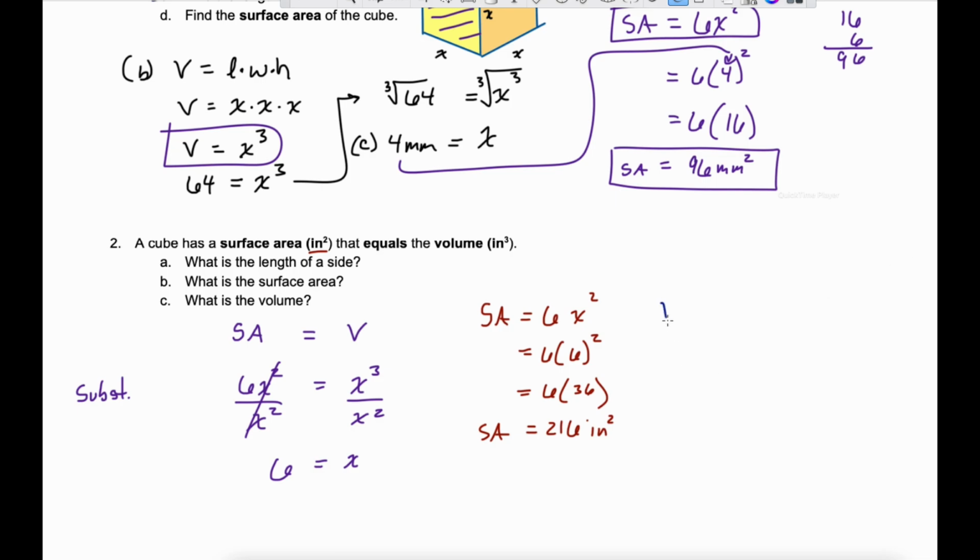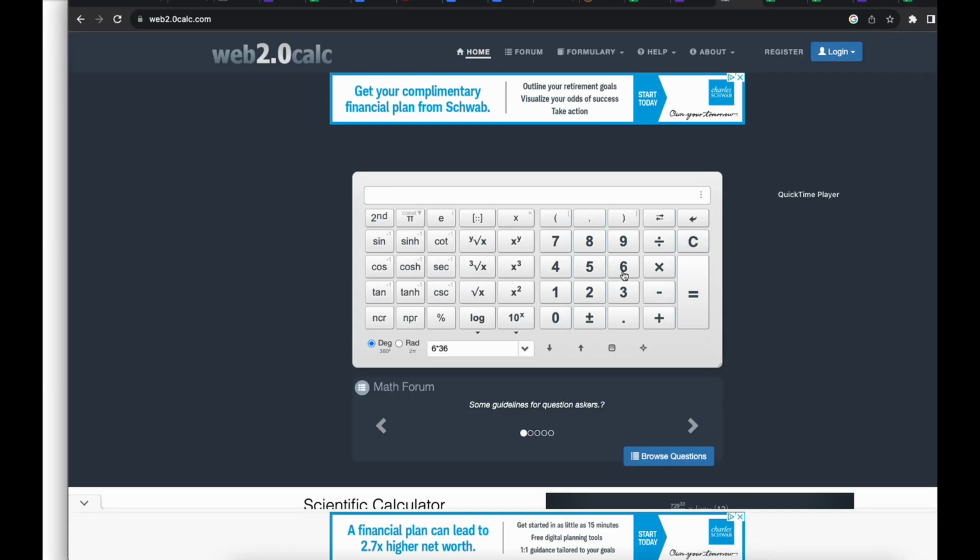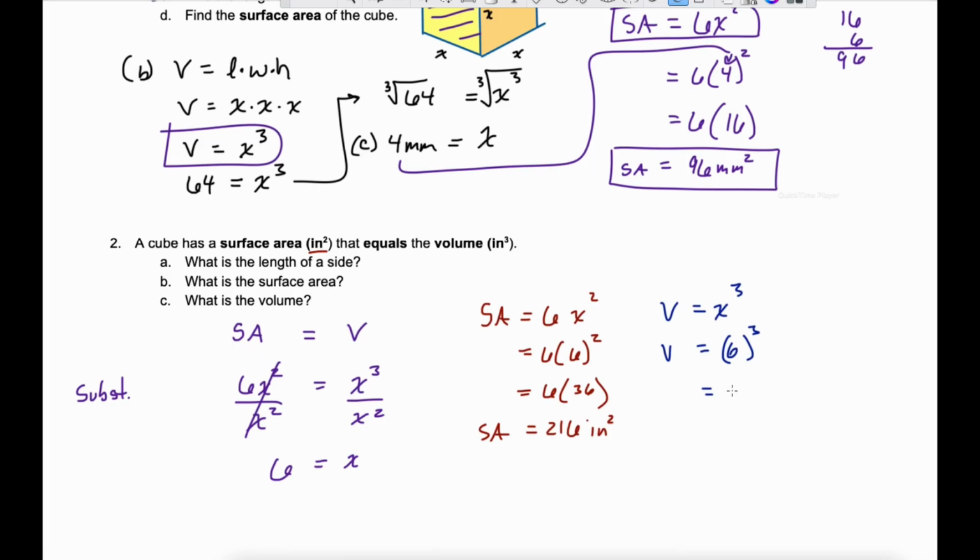And volume equals x cubed, so V equals 6 cubed. We could see 6 squared times 6 is the same as 6 cubed. Let's try it: 6 cubed, and we get 216. So our volume equals 216 inches cubed. We found the length of the side, the surface area, and the volume. There we go. This length would be in inches.